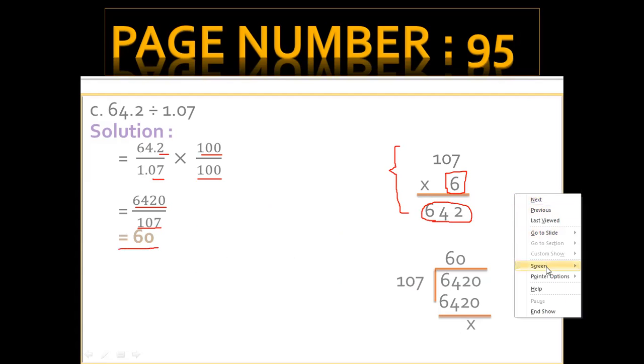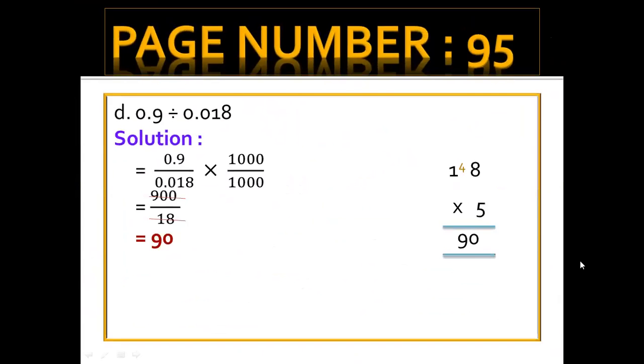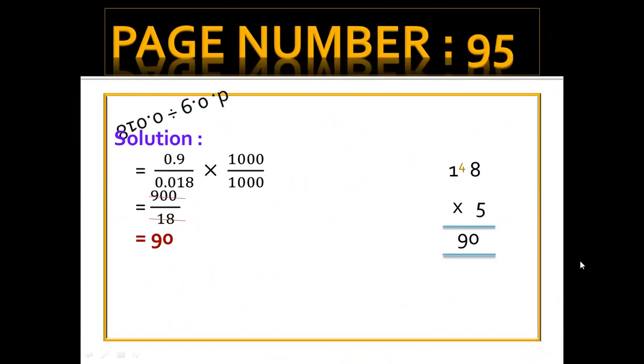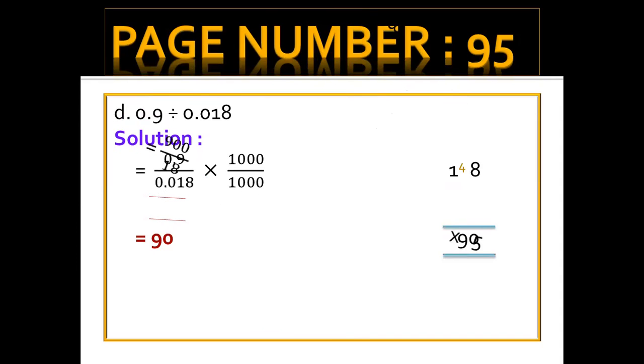Yes, come to the last part of this question, and also the last part of this page: 0.9 divided by 0.018. In the denominator, there are 3 digits after the decimal.